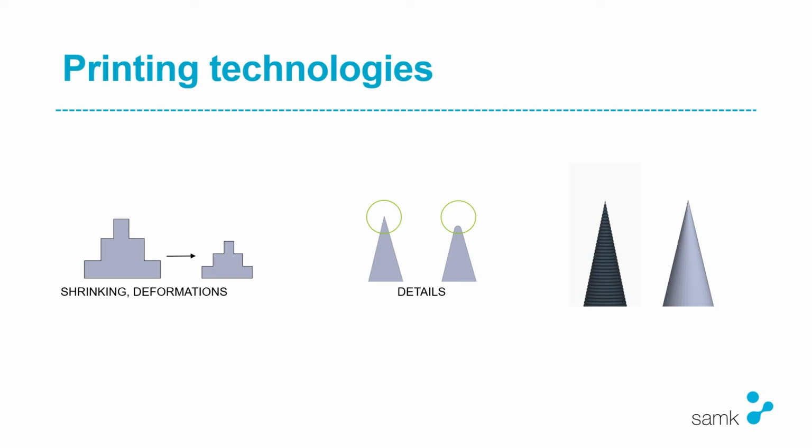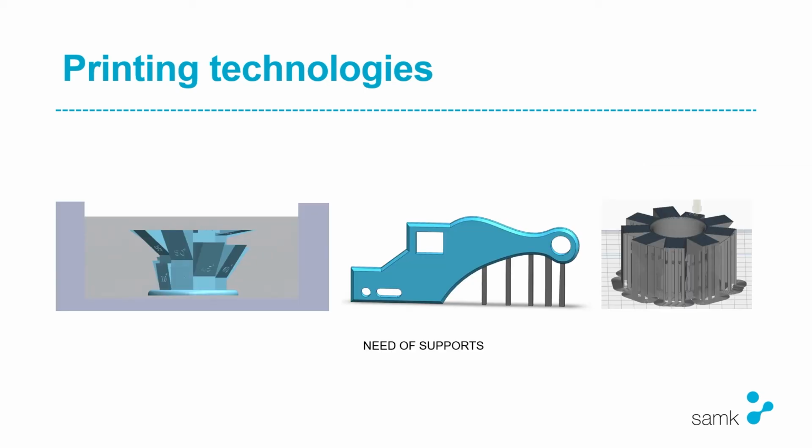If the object is over 10 millimeters, then it can shrink or deform in each direction plus minus 1.5%. Also in the right image, you can see how the cone will be shaped with an FDM machine. At least the 2 or 3 top layers won't hold or come out nicely in this example. So what about the need of supports?